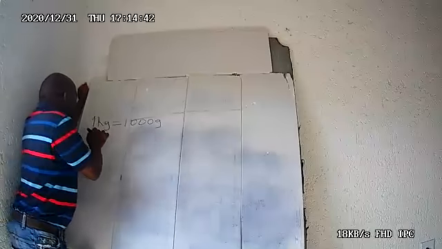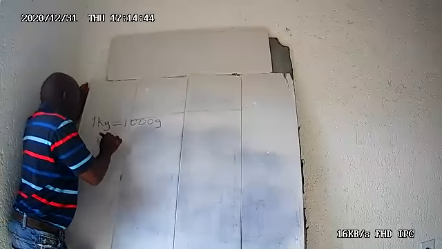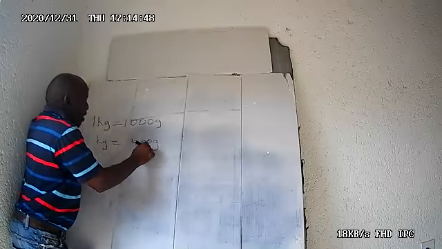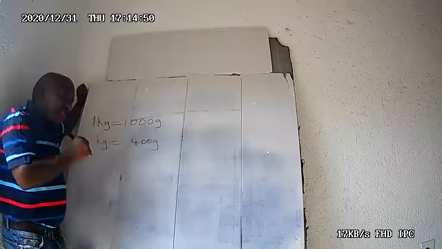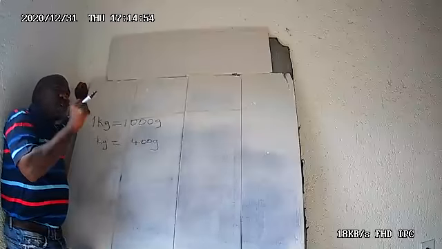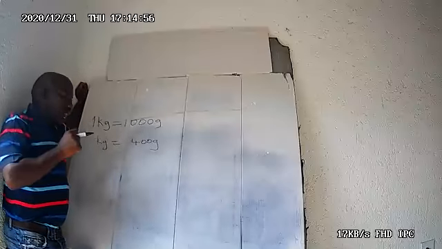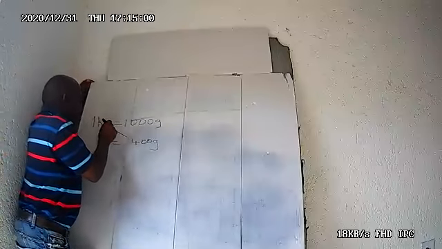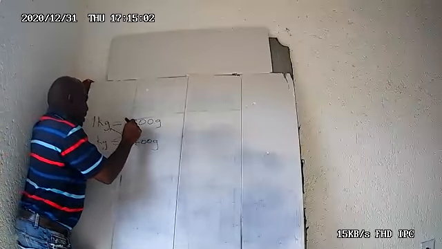Now we are going to say kilogram again is equal to 400 grams. In other words, we are going to determine how many kilograms we will have if we've got 400 grams. Now what is going to follow here? We are going to cross multiply this.